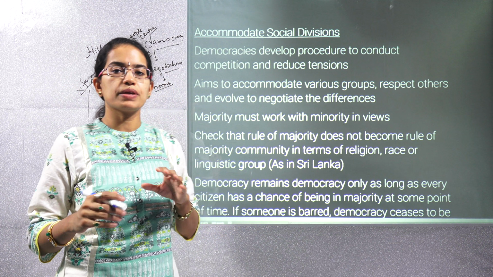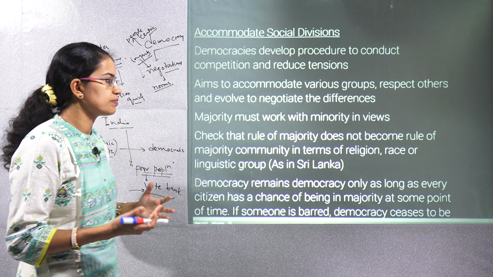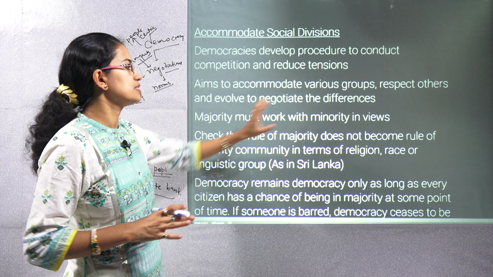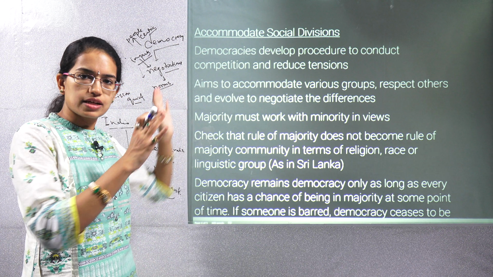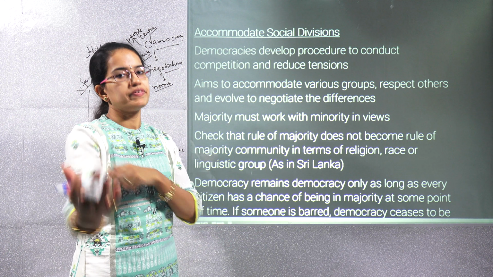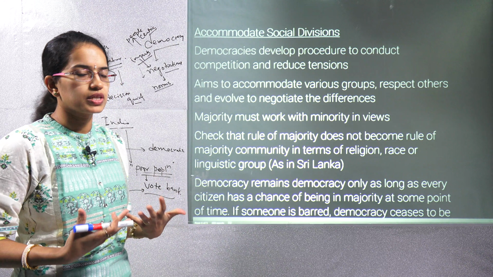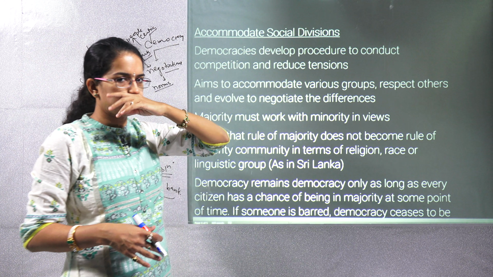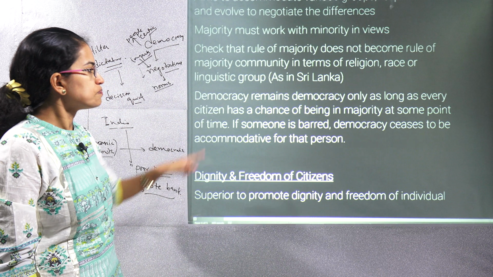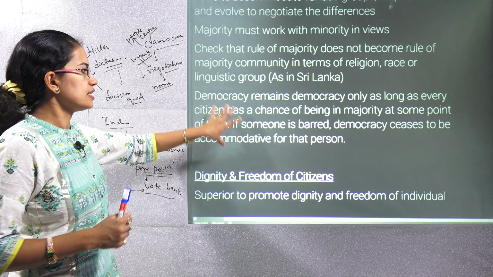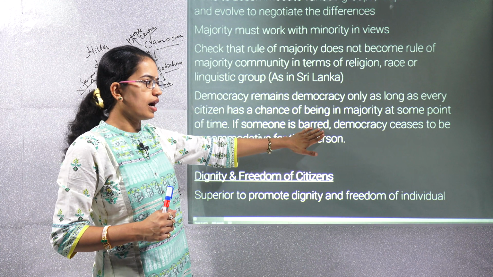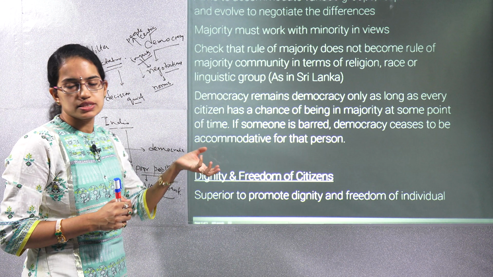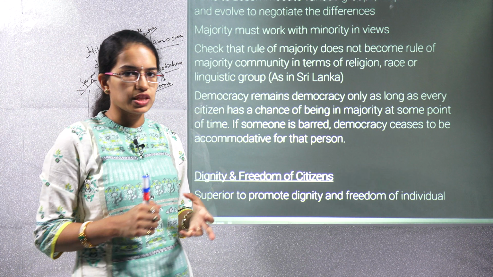The minority should be given equal representation if possible, or they should be part of the democratic setup, and once the minority are considered into the mainstream, only then can we say we have a successful democracy, because a successful democracy would accommodate all the social divisions that exist in society. If someone is being barred, then democracy ceases to operate in that case, and we say that democracy is not accommodative for that person.